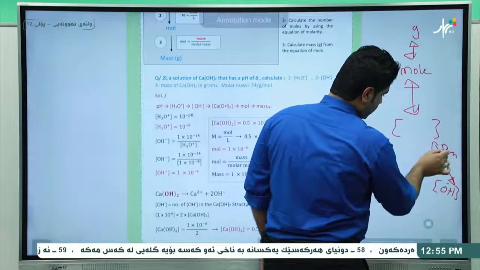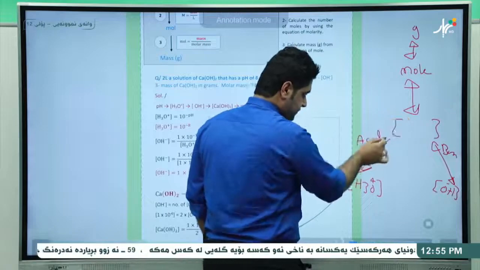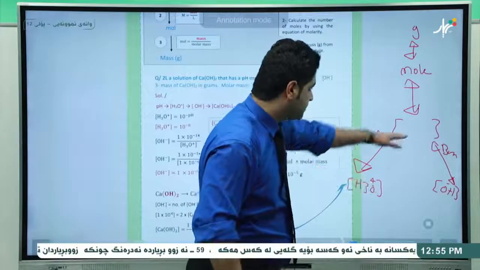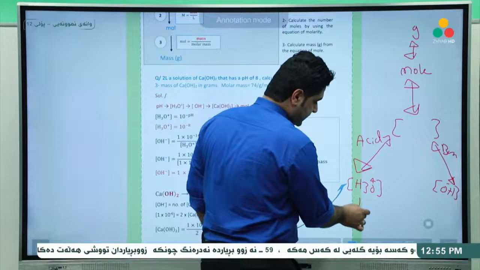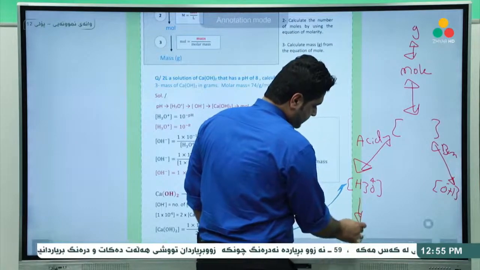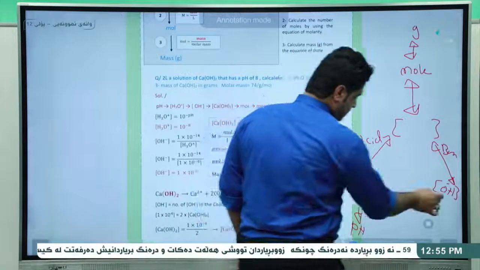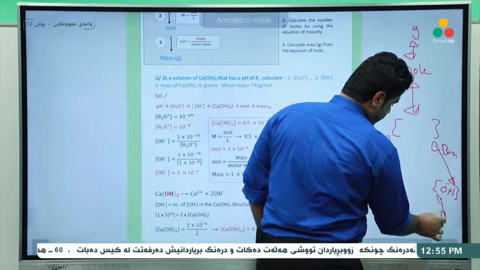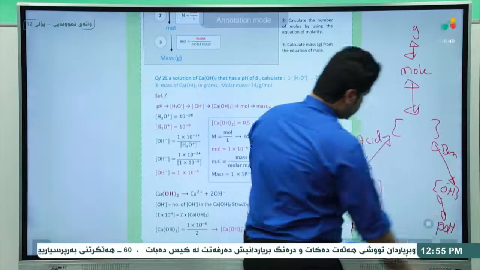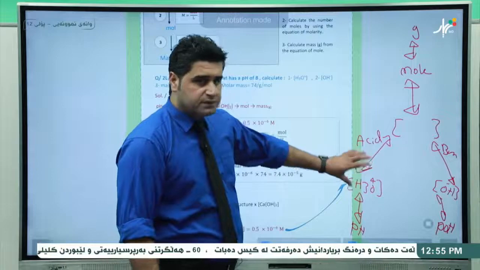So we can do OH to concentration, concentration to OH, or hydronium to concentration, concentration to hydronium. Then we can make our conversion between hydronium and pH, and between pOH and OH. So this is the general thing.